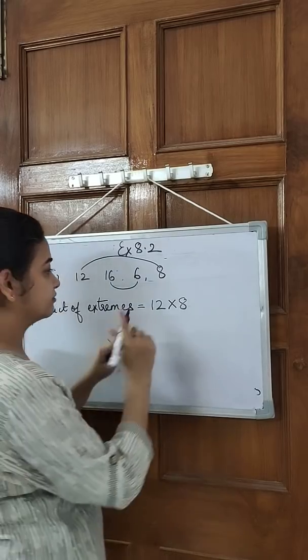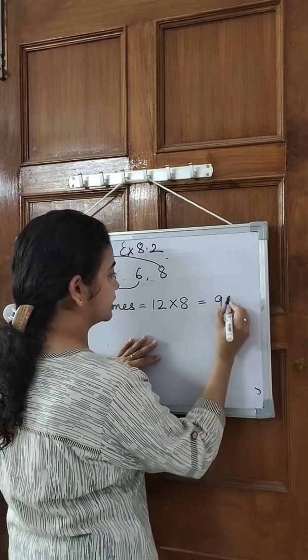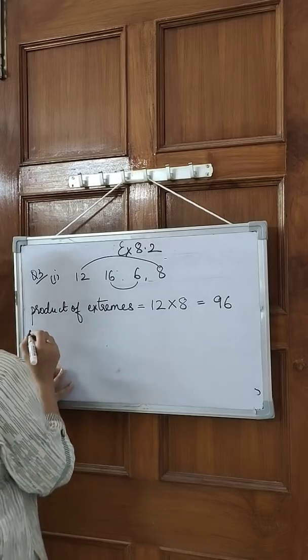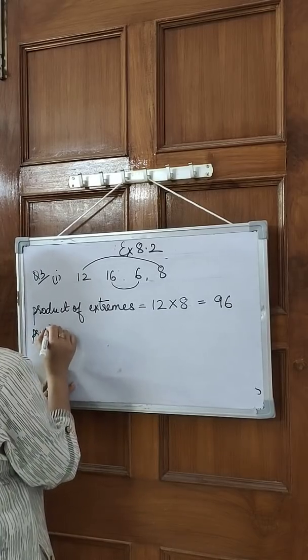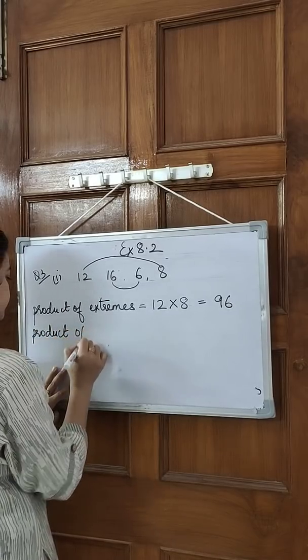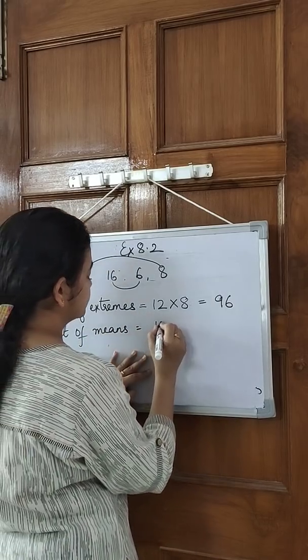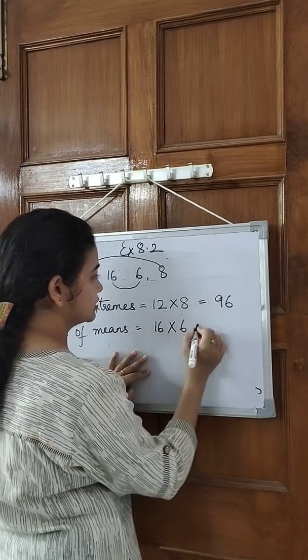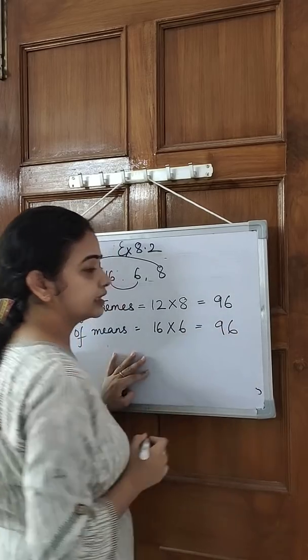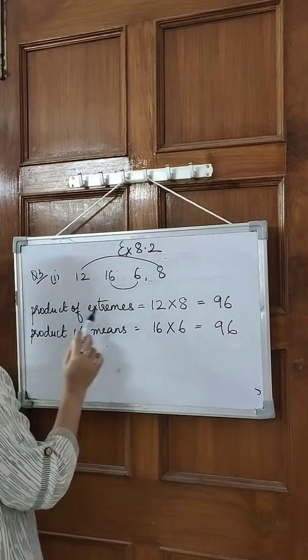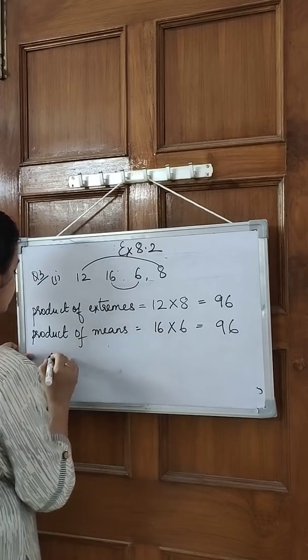Now 12 8s are 96. And product of means is 16 into 6. So 16 6s are also 96. So the product of extremes is coming equal to the product of means.